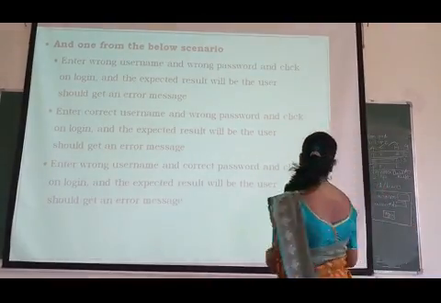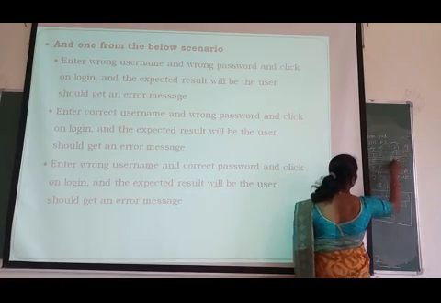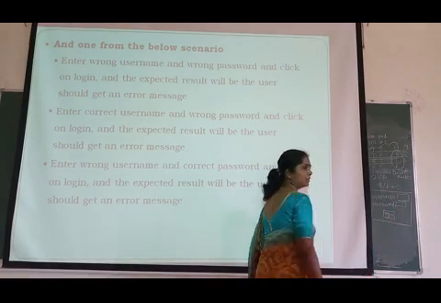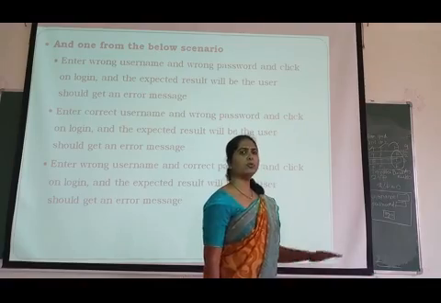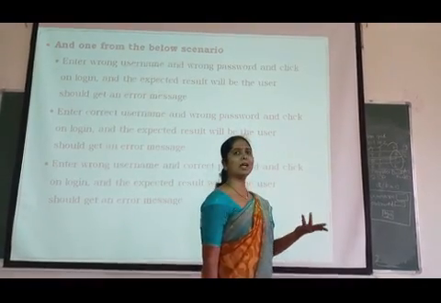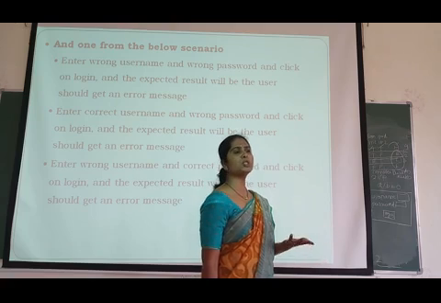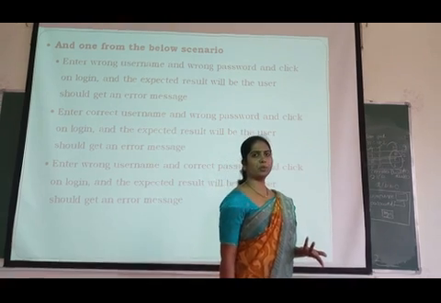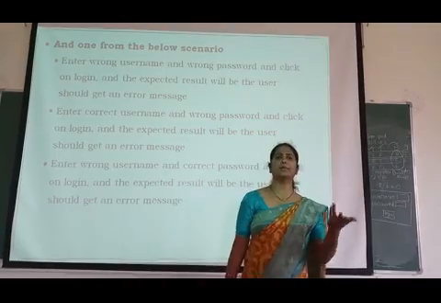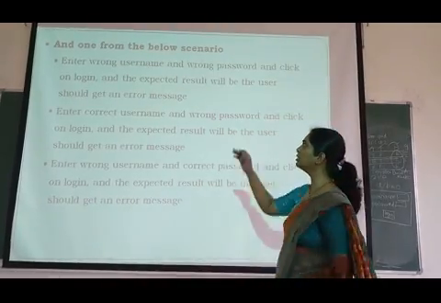Why? Because these three are considered for the false things, error message. For that false case, we need to consider any one of the three scenarios which may happen when the user is working with that application. So what is the first scenario?